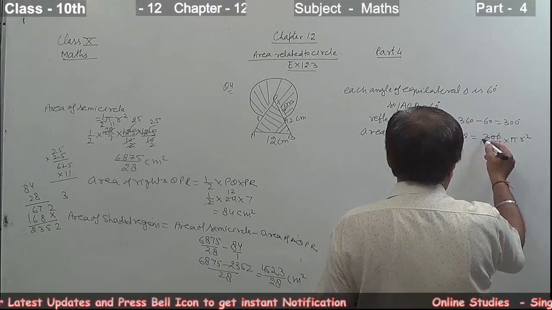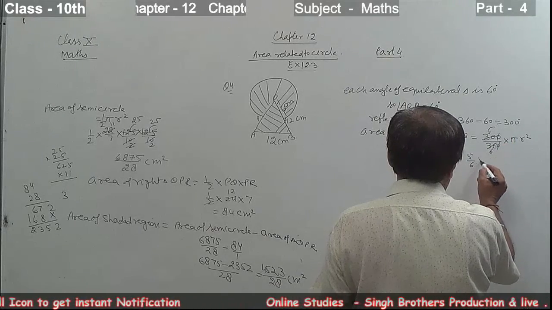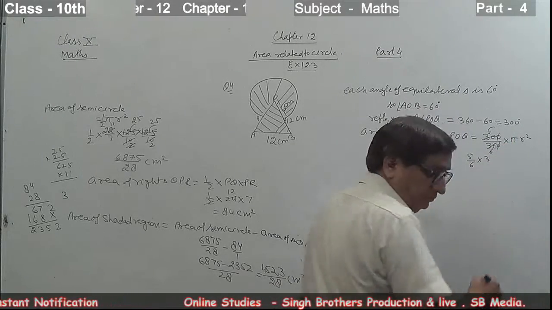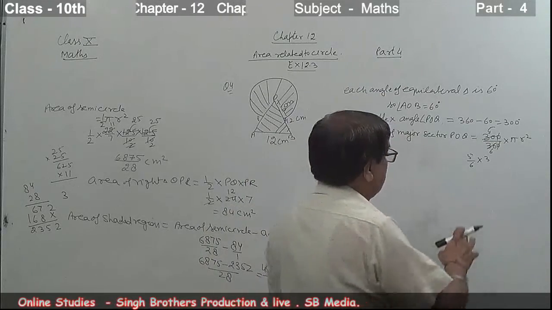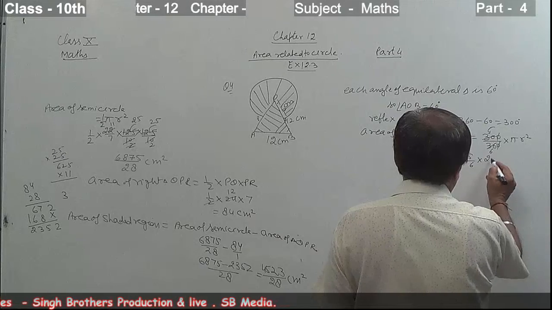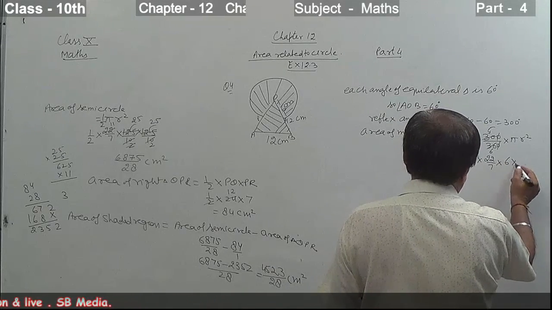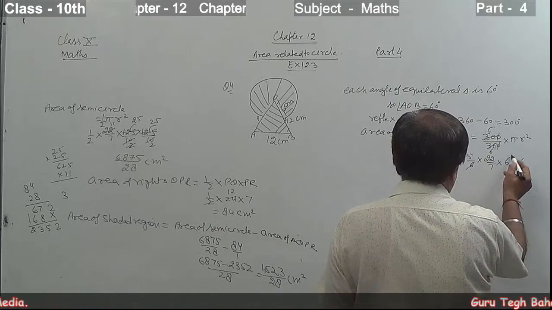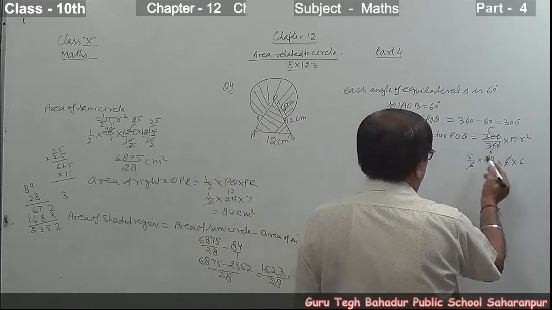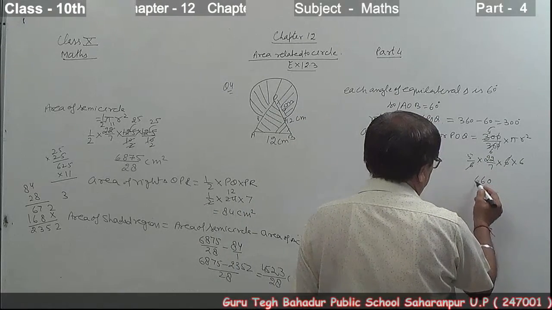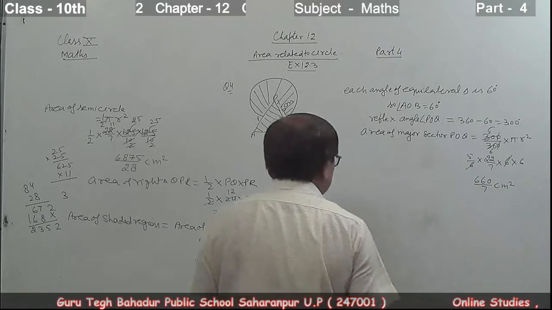This 0 cancels, 6 5 ja, 6 6 ja, 5 upon 6 into 22 upon 7 into 6 into 6. 6 and 6 cancel, 6 5 ja 30, 3 2 ja 6, so 660 upon 7 centimeter square.